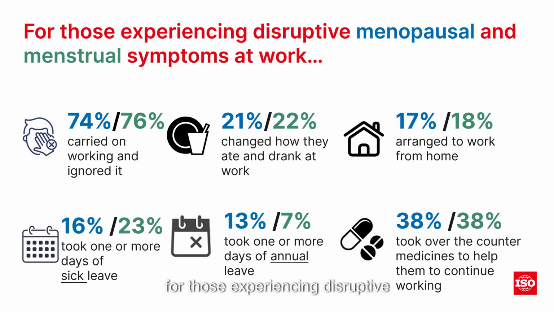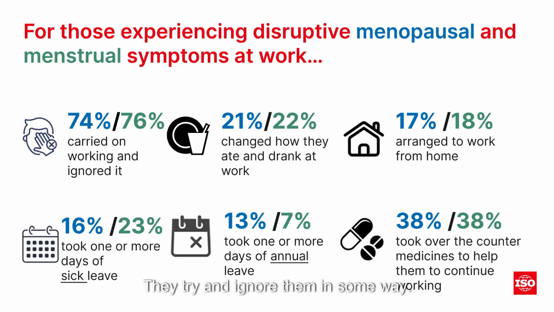So for those experiencing disruptive menopausal and menstrual symptoms, and this was a national piece of research undertaken in the global north, the way that we've classified disruptive symptoms is if you feel you have to make a significant change to the way that you work. What's really notable is that in large instances, three quarters of people in both cases suppress their symptoms in some way.